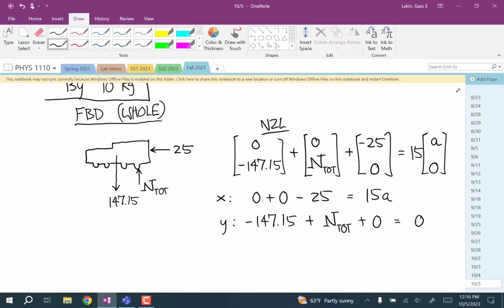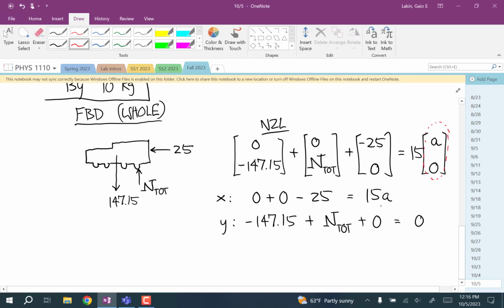And now ask yourself, which of these two equations gives us what we're trying to solve for? Well, notice that this is the acceleration vector. The reason we're isolating both of these is to calculate the acceleration vector, we just don't know what a is yet. So we're going to use the equation that lets us find that variable a. The y equation would let us calculate N total if we wanted it, but that's not what we're looking for here.